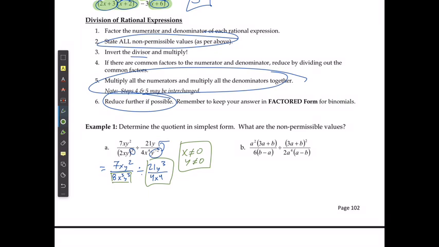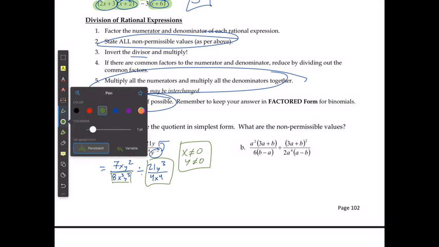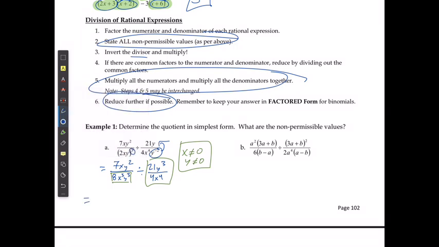Then I'm going to flip the divisor and multiply straight across the top and straight across the bottom. So I'm going to say this is going to be 7xy squared over 8x cubed y cubed multiplied by 4x to the power of 4 over 21y to the power of 3.